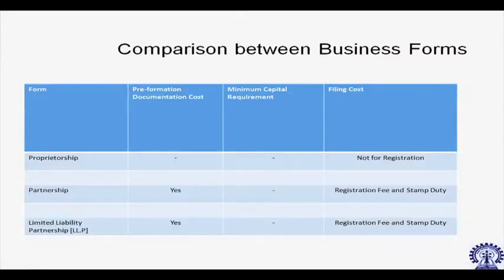You need to get a designated partner identification number. So, there is a number of compliances. You also have some fees to be paid at the time of filing, but there is no minimum capital requirement in case of LLP too.